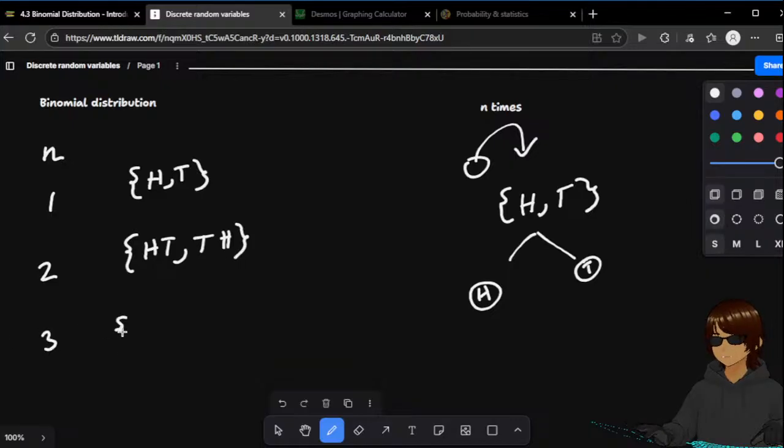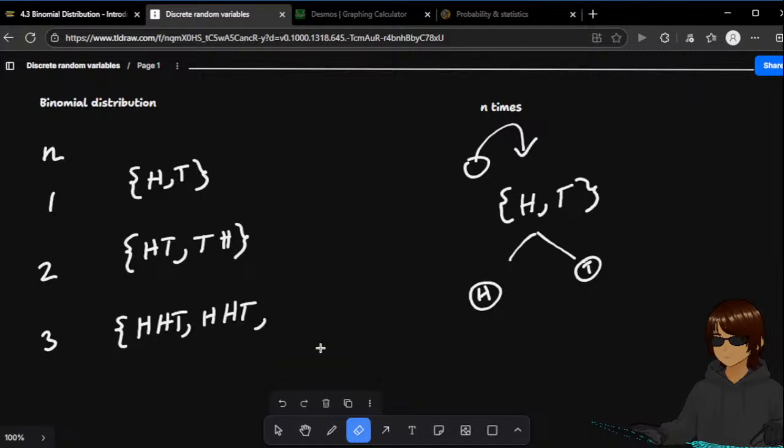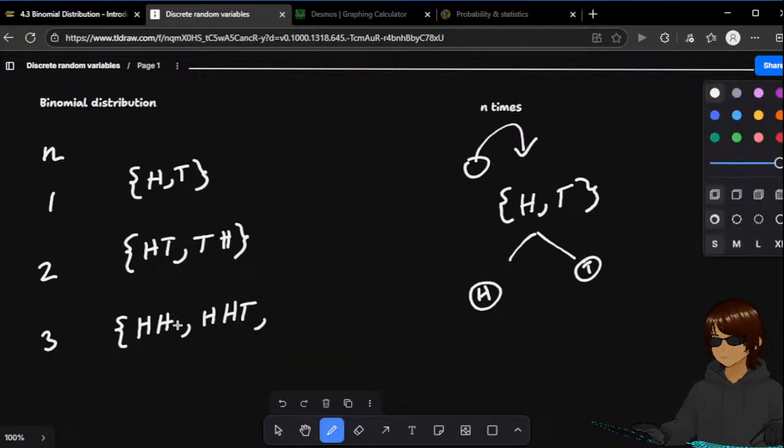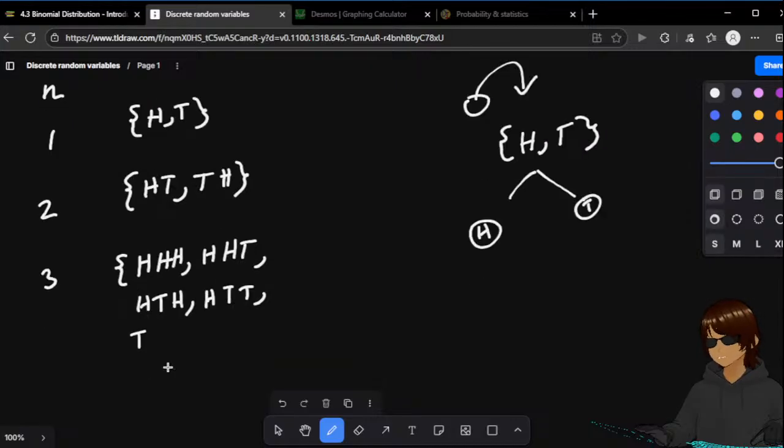N is 3, you can have head head head, head head tail, head tail head, head tail tail, and then tail head head. Oh, this is going to be long. I'll just copy this.